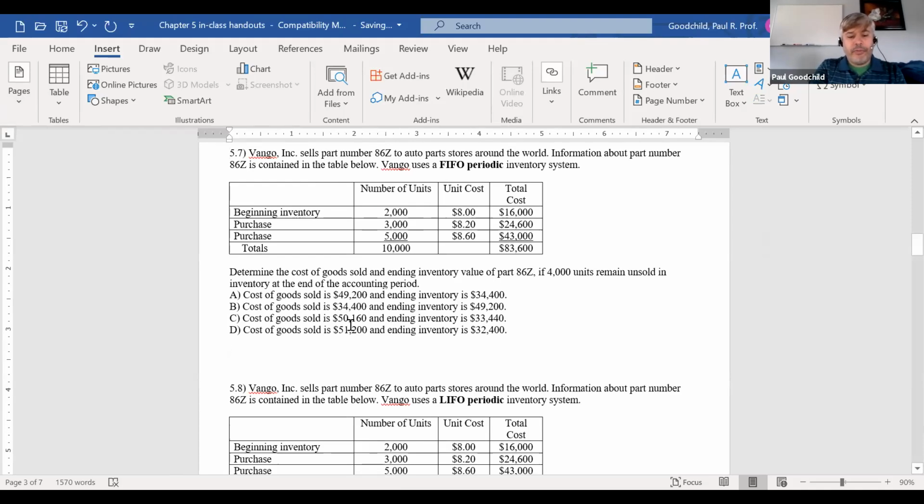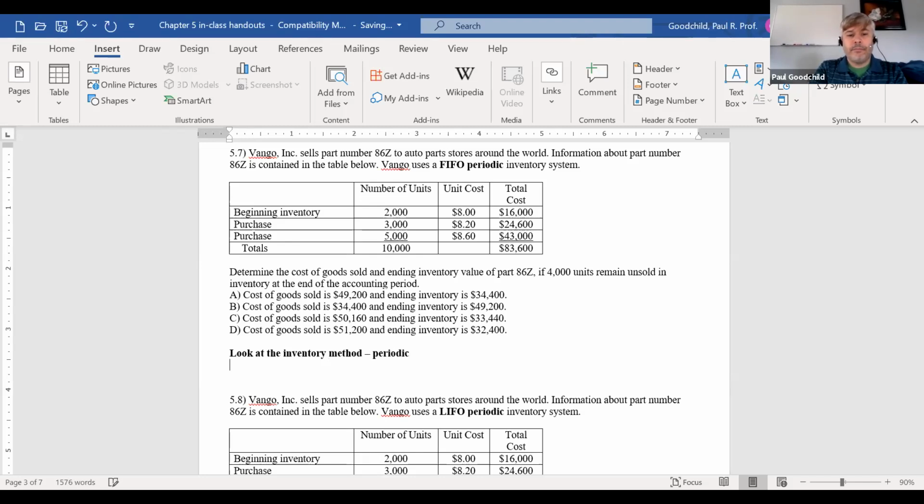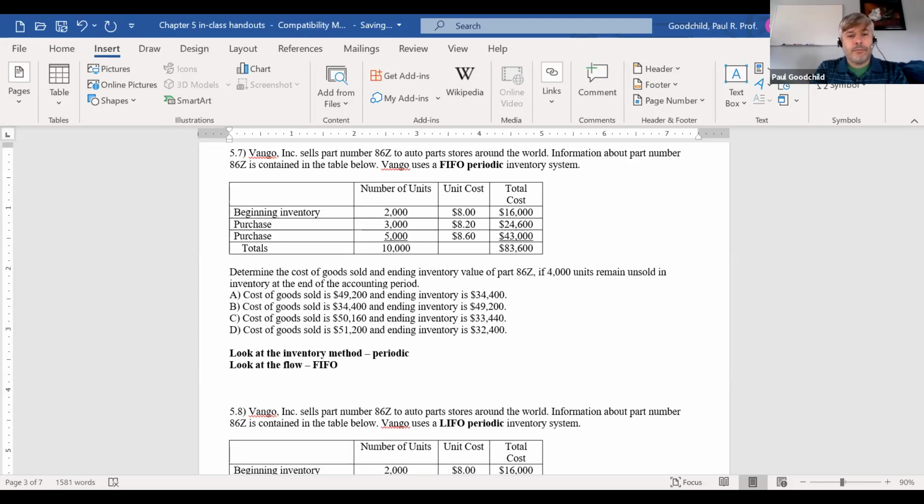So let's think about some steps. We want to identify the method, and in this case, they're using periodic. And then we want to look at the flow, and it's first in, first out. And then we want to pay attention to the dates of purchases and sales.